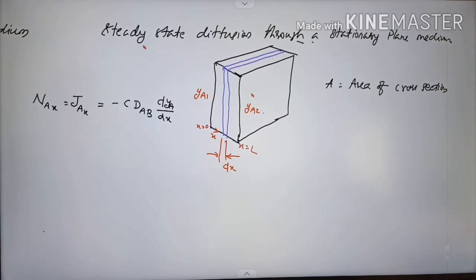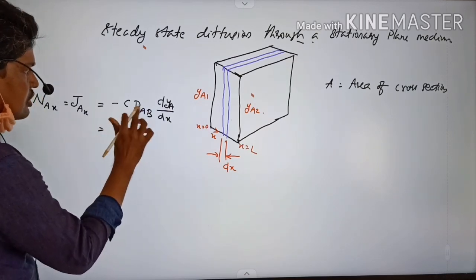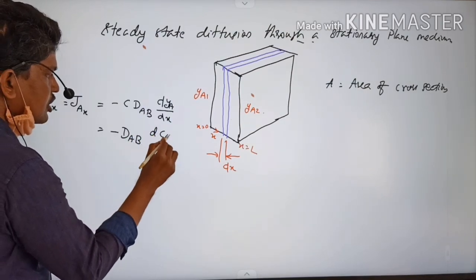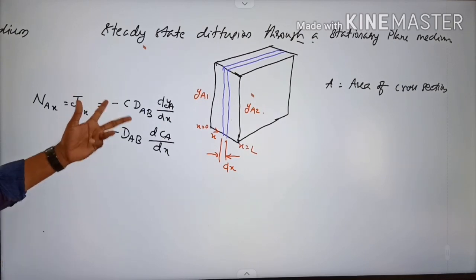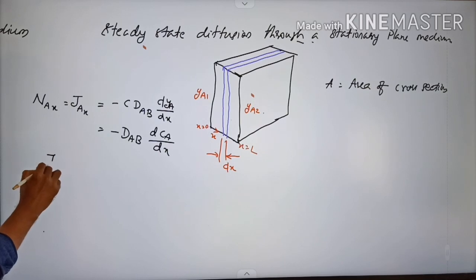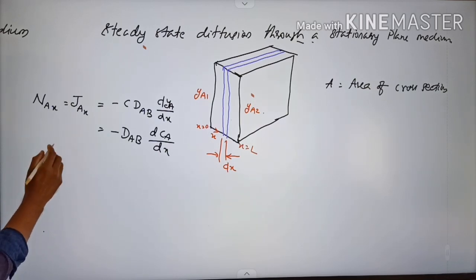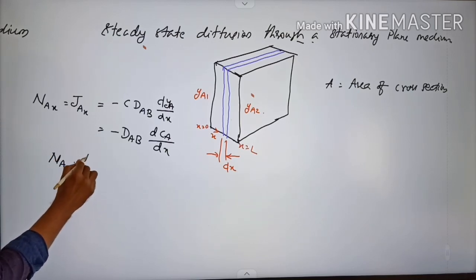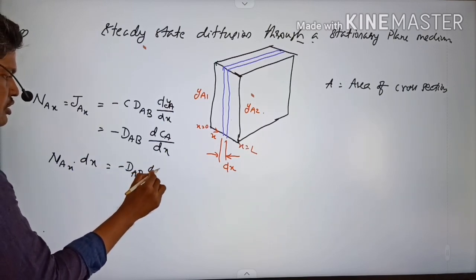You can also express it in another form, that is dAB into dCA by dx. Anyway, you can express it. So for a steady state, Jx or Nx is constant, and you can write Nx dx equal to minus dAB dC.